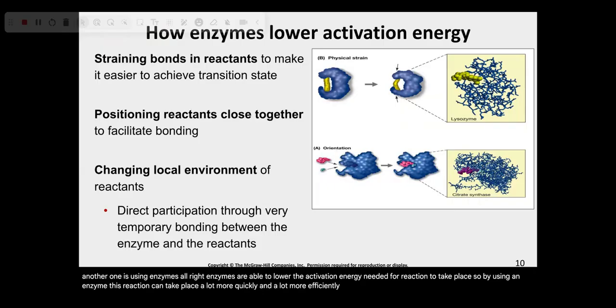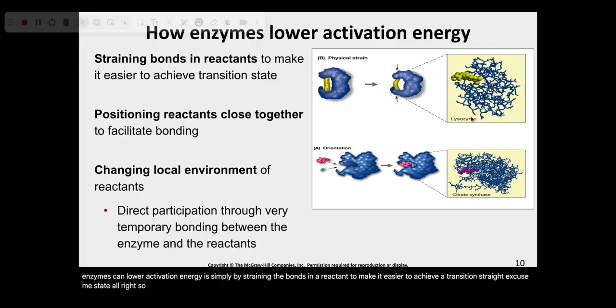All right, so how do enzymes lower activation energy? That video mentioned a few ways and gave us some helpful analogies and demonstrations, but let's talk about a few. One way that enzymes can lower activation energy is simply by straining the bonds in a reactant to make it easier to achieve a transition state.